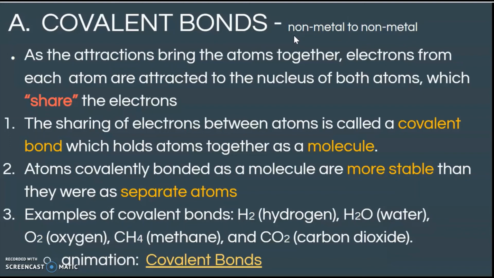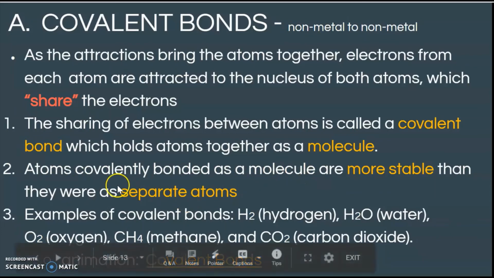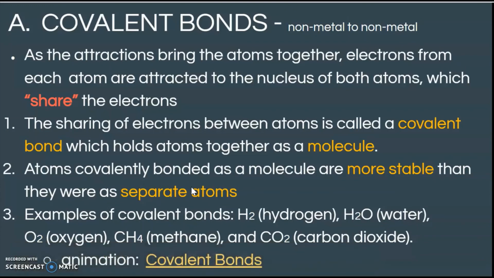And then the electrons actually are shared between the two atoms, and they create a bond. They sort of hold together. The sharing of these electrons then is called a covalent bond, and it holds it together. When atoms are covalently bonded as a molecule, they're more stable than they were as separate atoms. That's why they tend to go into that state of covalent bonds.